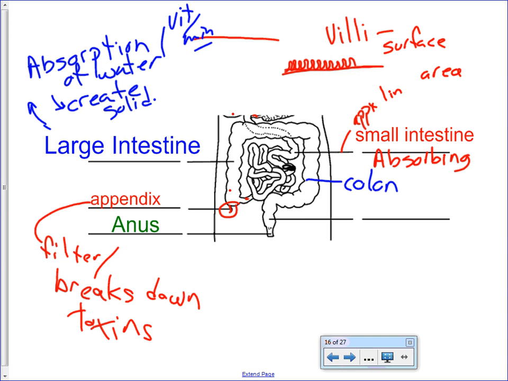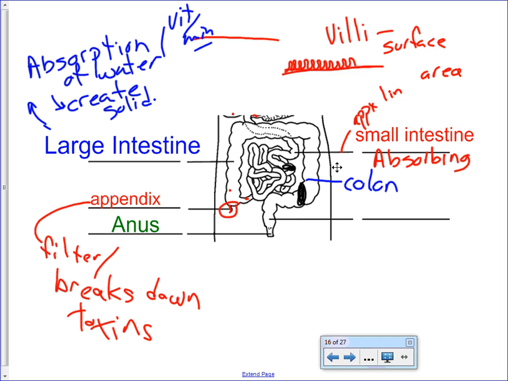So in extreme cases, little kids would have to go to the hospital and get an IV of water so they don't die of dehydration. Most of us are older, bigger, with better immune systems, and can handle that. So that's what's happening as this is moving through here, right?